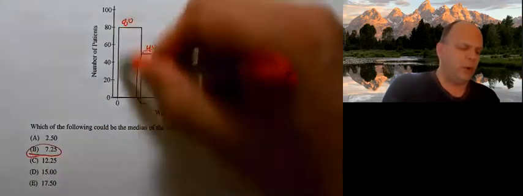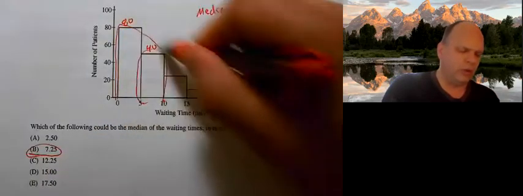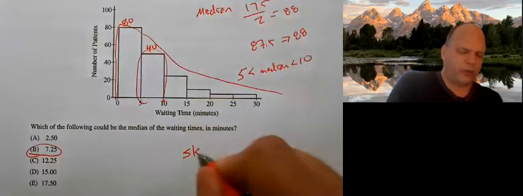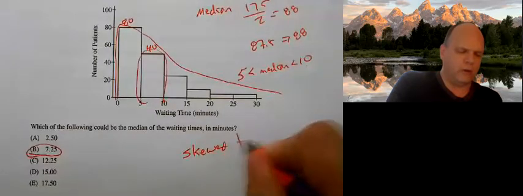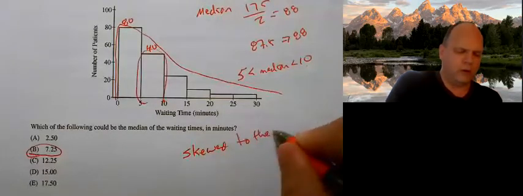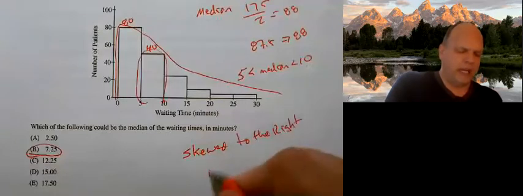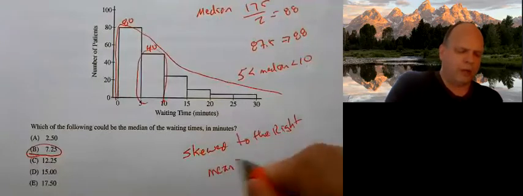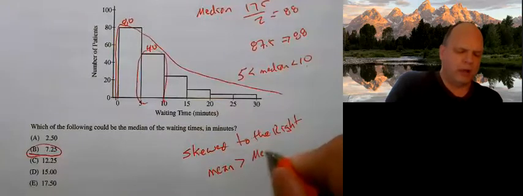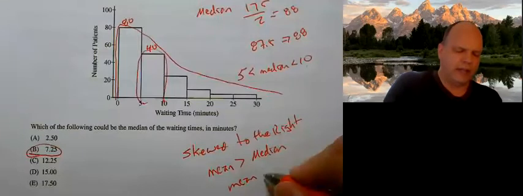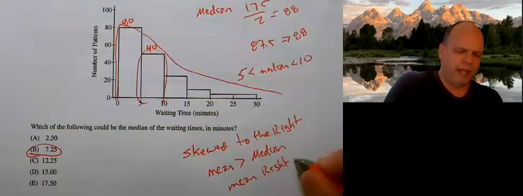Also, one other thing to point out about this is that it is skewed to the right because it's stretched to the right. And with that being the case, the mean will be greater than the median. The mean is right of the median.